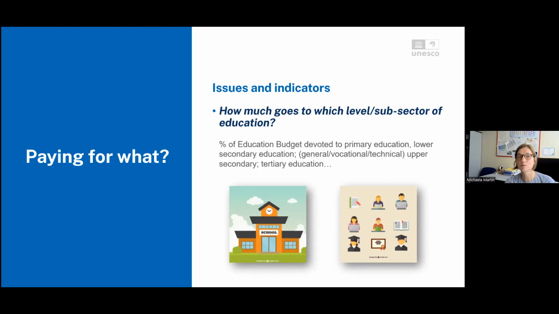And you were already problematizing a little bit the issue of how much is going actually to these different levels, and that there was an inconsistency with educational policy and maybe also educational priorities as you see this. So here the indicator that we would always look into is the share of the education budget that goes to, well, it says here only primary, but it should also say pre-primary, primary, lower secondary, upper secondary, and tertiary education. And whether this is balanced, whether it is aligned with the priorities of our education policy.